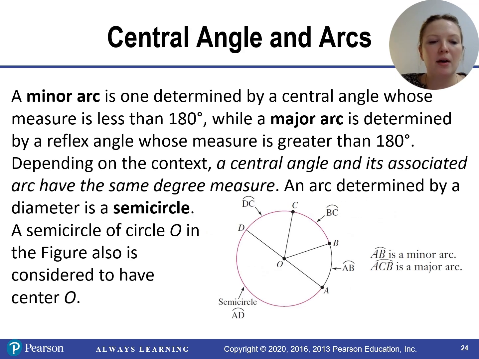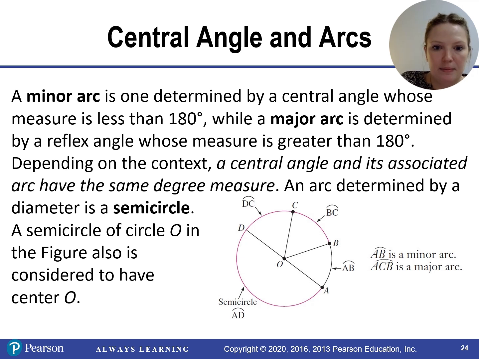So we can talk about minor arcs and major arcs. Remembering that an arc is a part of the circle that we could draw without lifting our pencil, a minor arc is one that's determined by a central angle whose measure is less than 180 degrees.